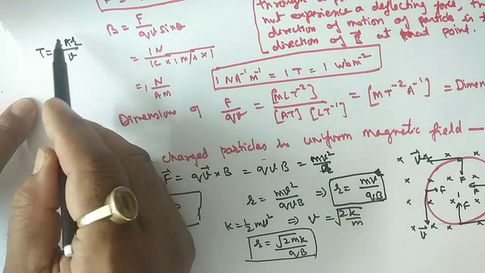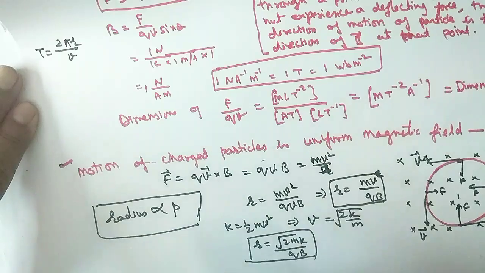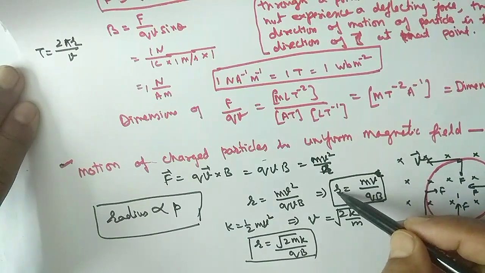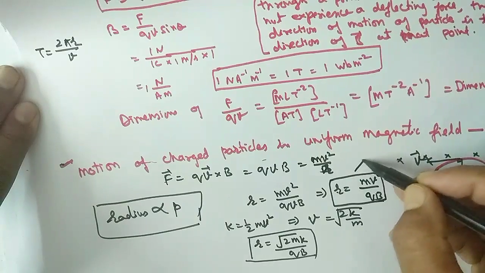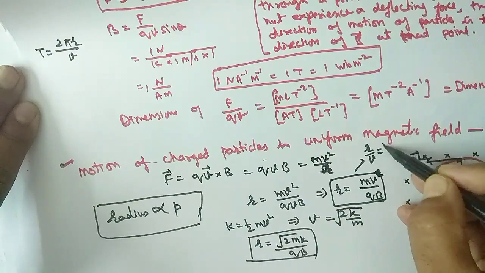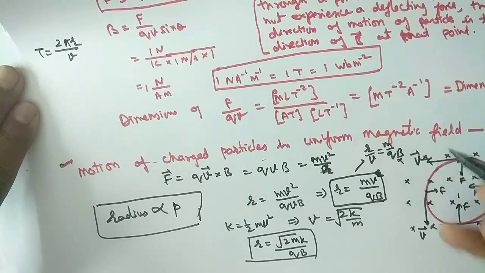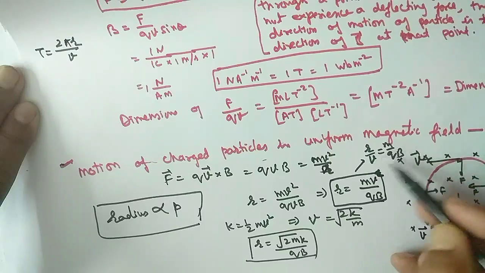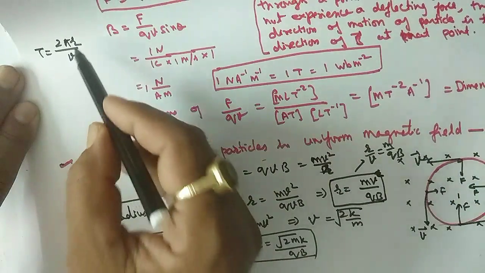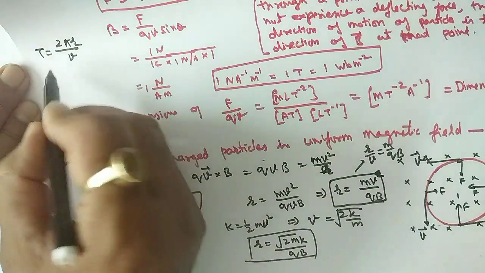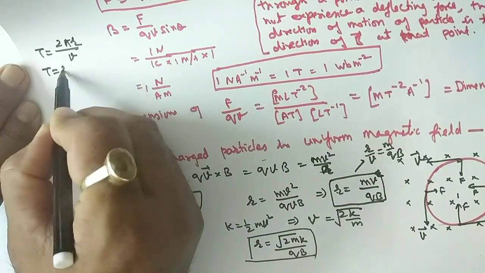From here, see what r upon v is: r upon v is equal to m upon qB. Clear? So now put r upon v is equal to m upon qB.